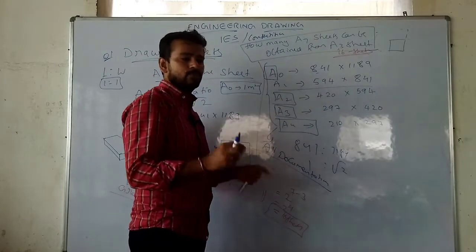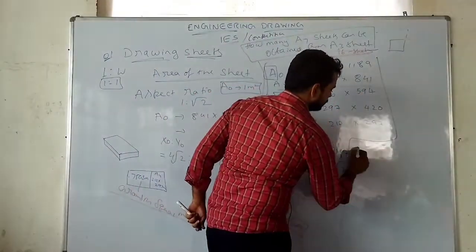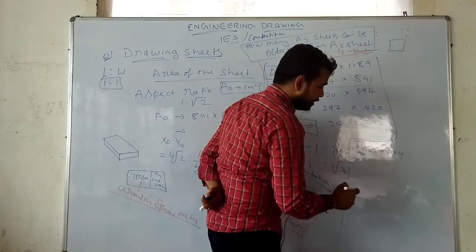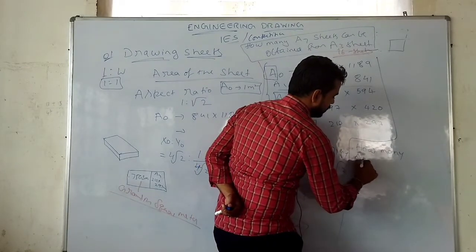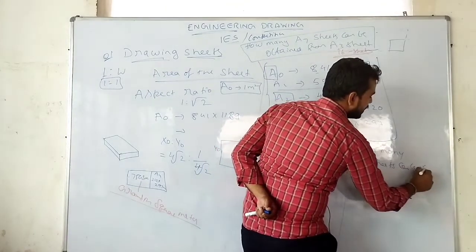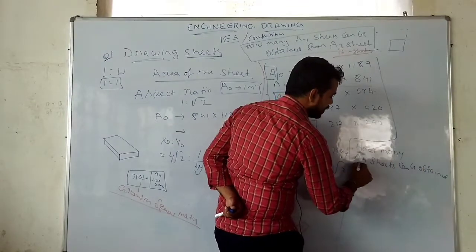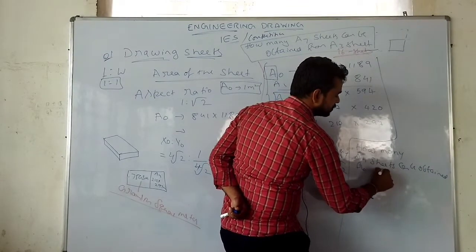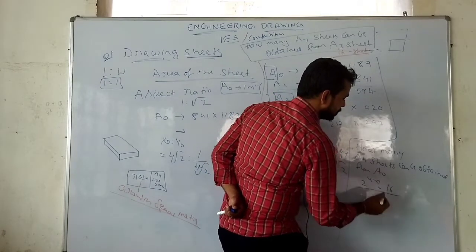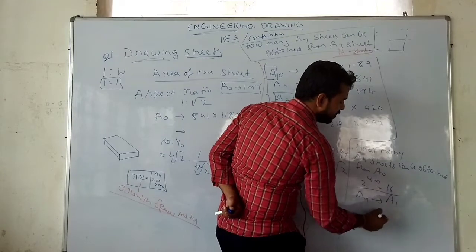This is how you will get questions. In the same way, how many A4 sheets can be obtained from A0? It's simple: 2 to the power of 4 minus 0, which is also 16. Okay, how many A4 sheets can be obtained from A1?